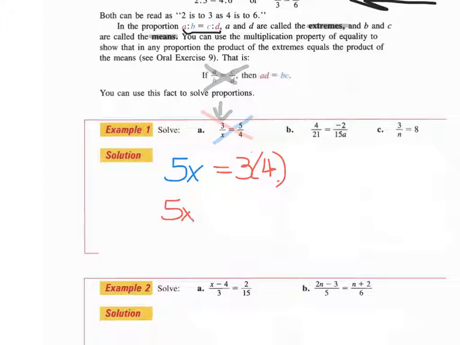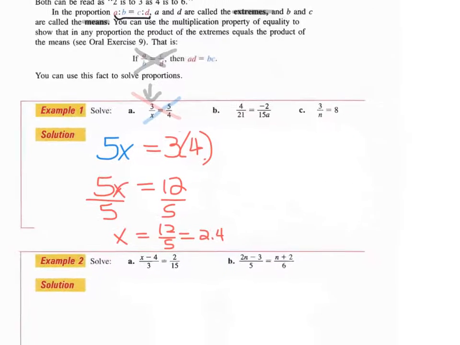And then 5x is equal to 12. Divide. And x is equal to 12 over 5. I'm okay with you leaving that. If you want to simplify it and divide it, you could divide it. This actually becomes 2.4, or you could make it a mixed number.